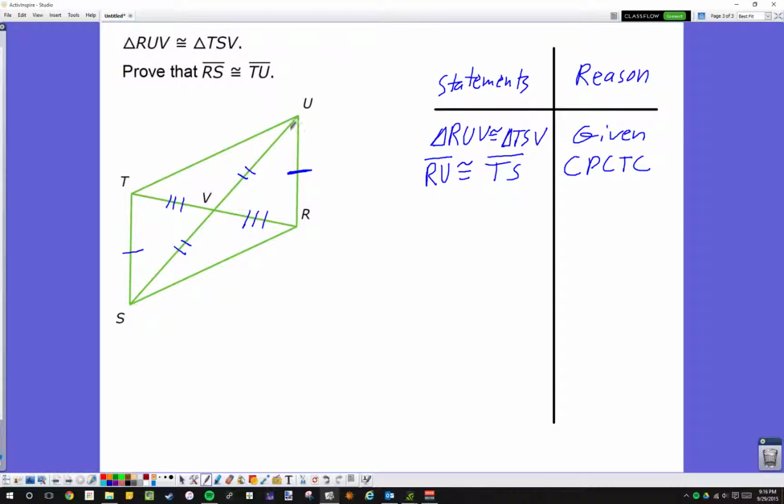Okay, similarly we've got UV is congruent to SV for the same reasoning. And then finally we have VR is congruent to VT for the same reasons.